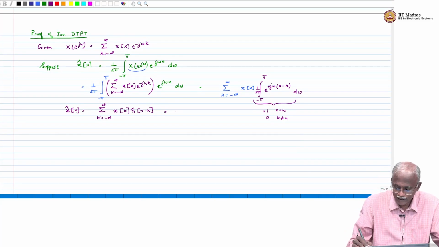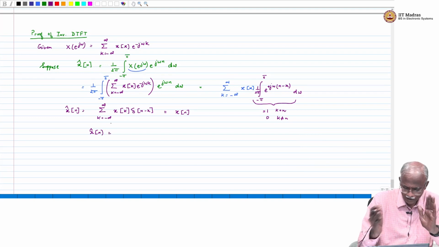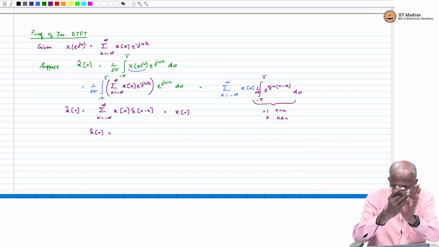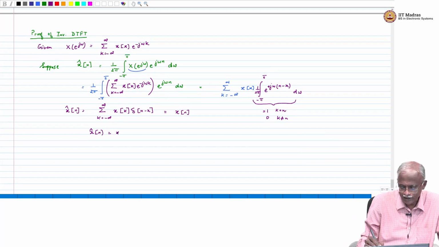So what you will get is x of n. So in other words, x hat of n, which we said was the result of this integration, actually turns out to be the same as x of n.